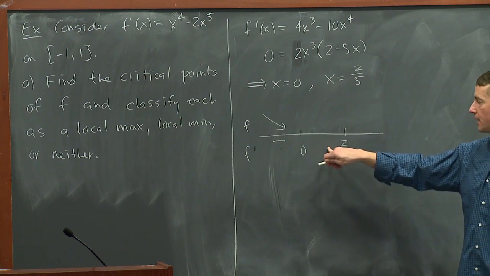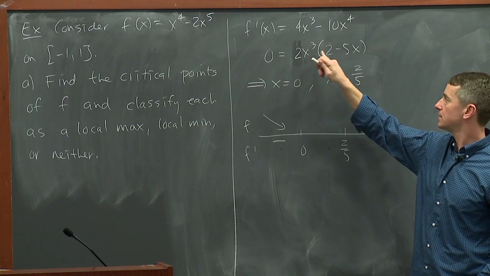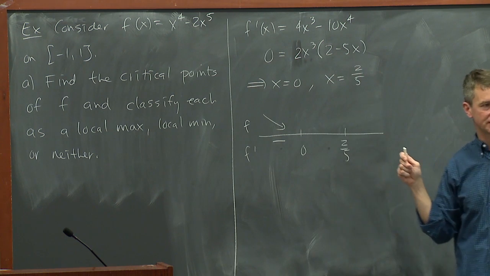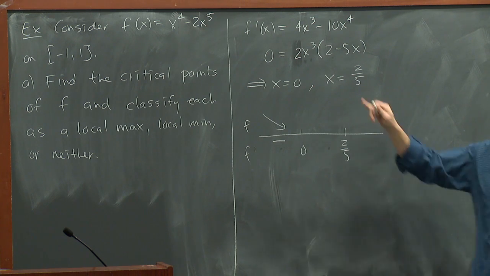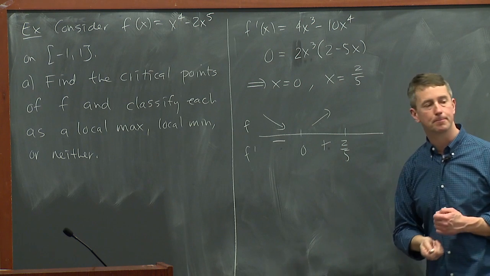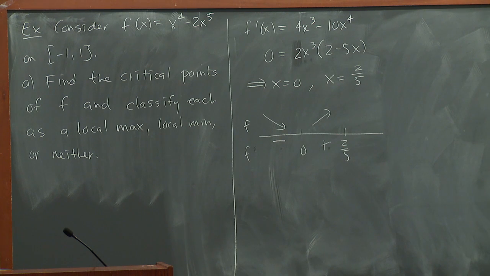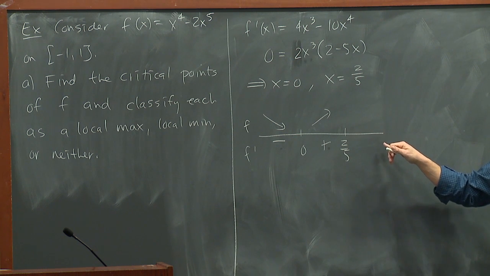I could pick 1/5 in here. 1/5 cubed will give us a positive. 2 minus 5/5 is a positive. So we got positive, positive, which is positive. So f is going up there. So 0 did indeed end up being a local min, right? And what number can we pick out here? 1.